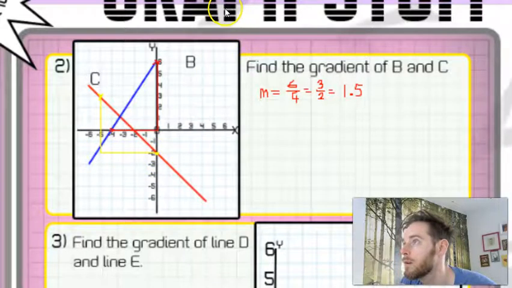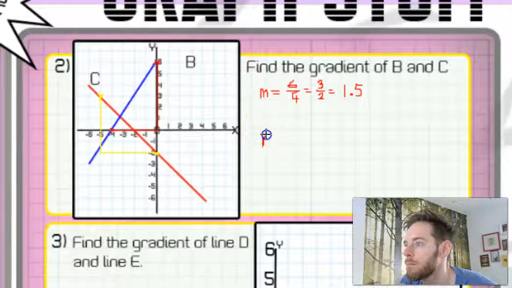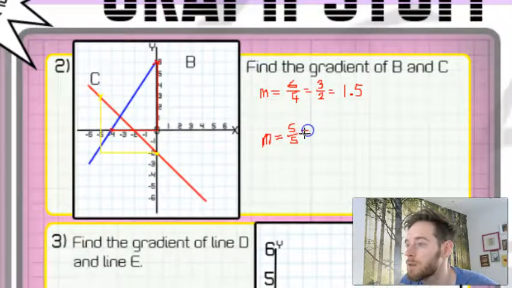So what we're actually doing, let's do that in a red pen: m equals 5 divided by 5. Not worrying about the negative nature of it at the moment, that equals 1.